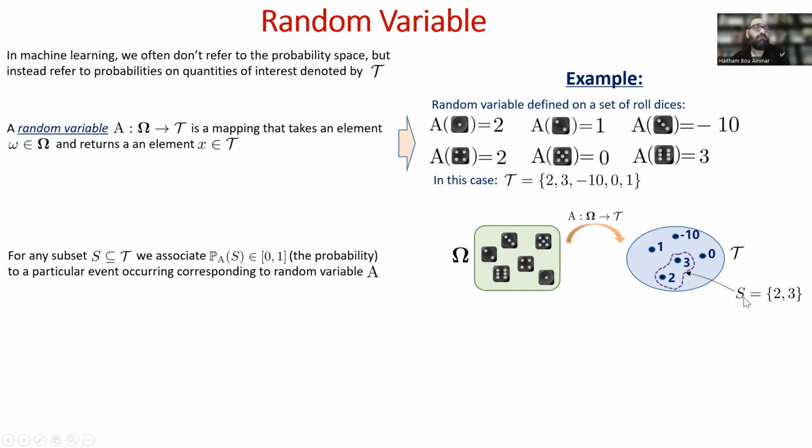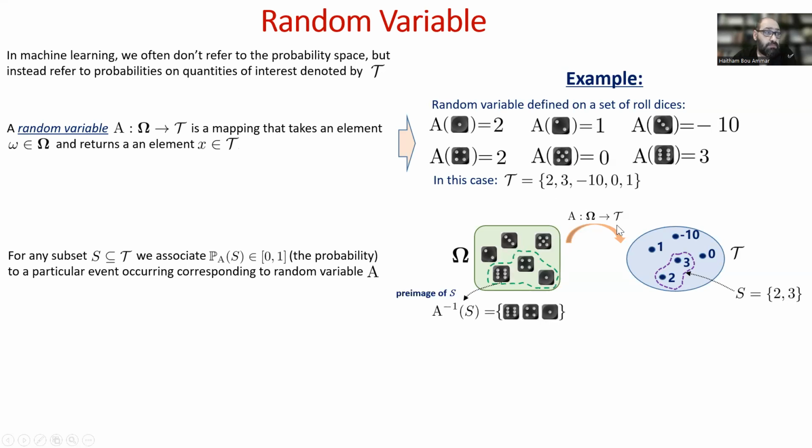So for example, if we look at S, which is equal to 2 and 3, the maps that take me from omega to 2 and 3: if we have face 1 or face 4, we will get 2, and if we have face 6, we will get 3. So this 2 and 3 corresponds to these elementary outcomes, because 1 and 4 will map to 2, according to this example, and 6 will map to 3.